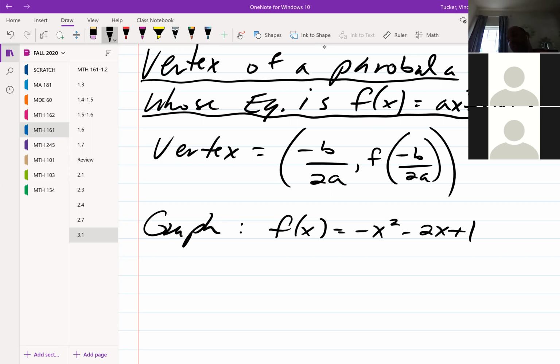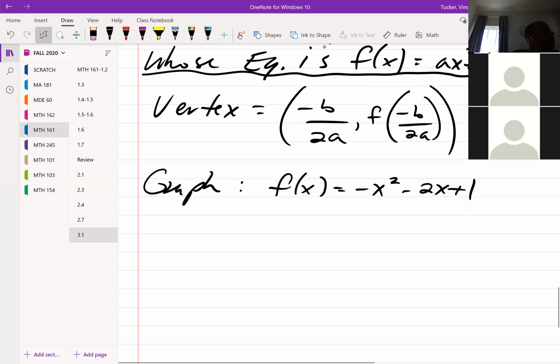And then if we plug that negative b over 2a into the equation, we will get our y component. So let's try to do what we just did with this one.